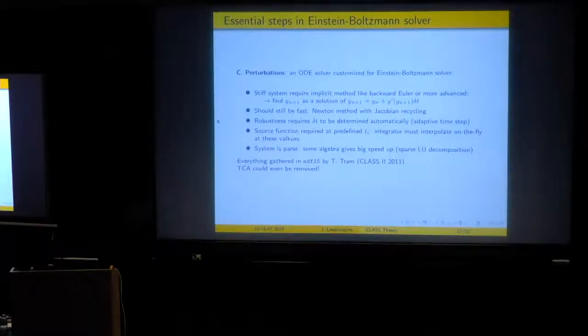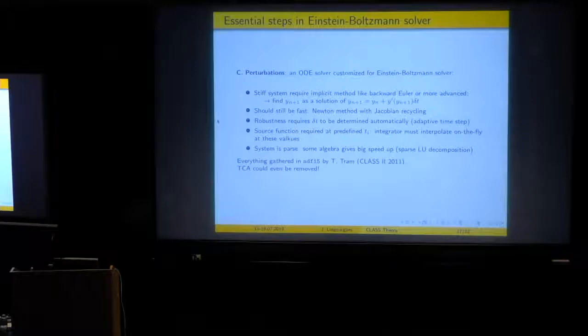So it has to do some algebra in order to solve this equation, but it does it quickly thanks to some tricks. It will also evaluate the time step automatically. So as we said, if your cosmology is such that something happens, that will be detected. It has some other features, like the fact that the system is sparse.